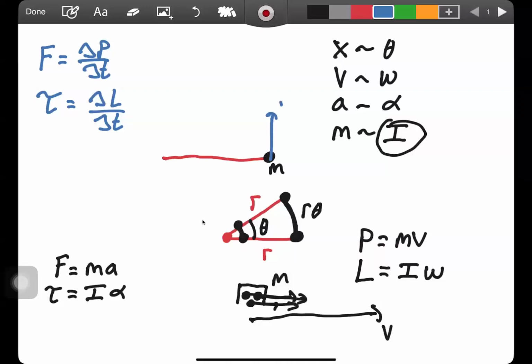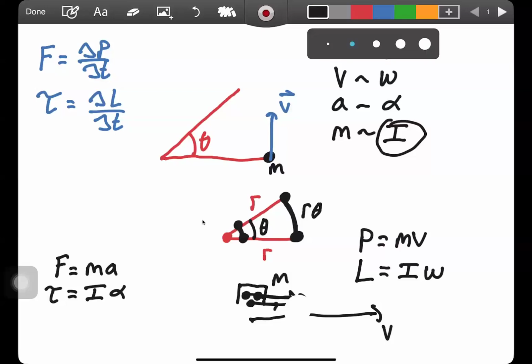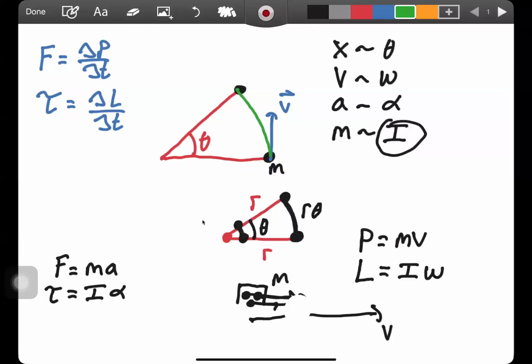So if you have some velocity v and you're moving in a circle, so you sweep out some angle theta, and so you're going at some arc.